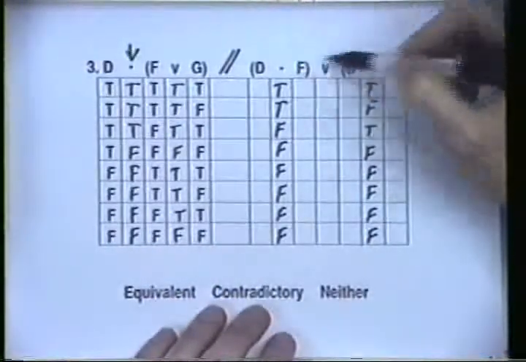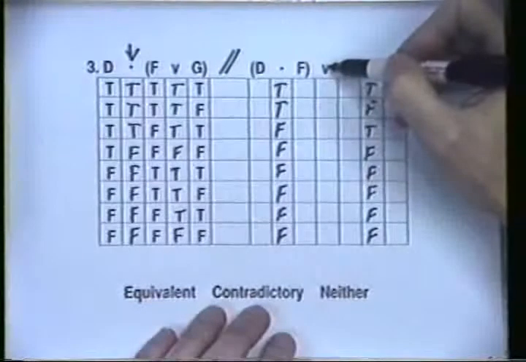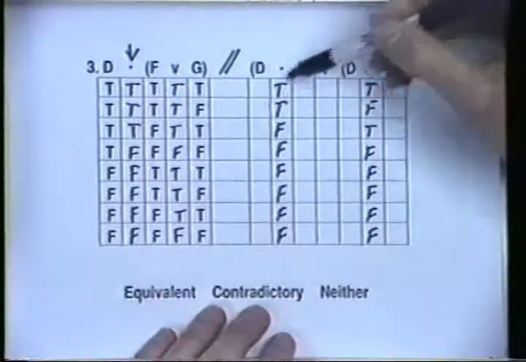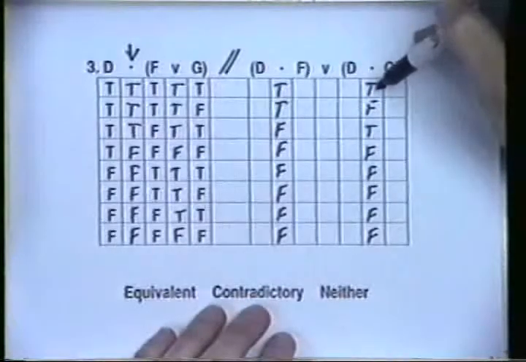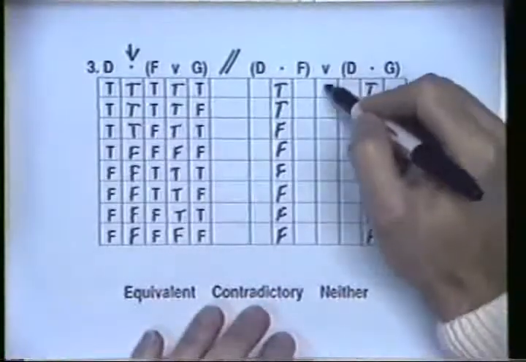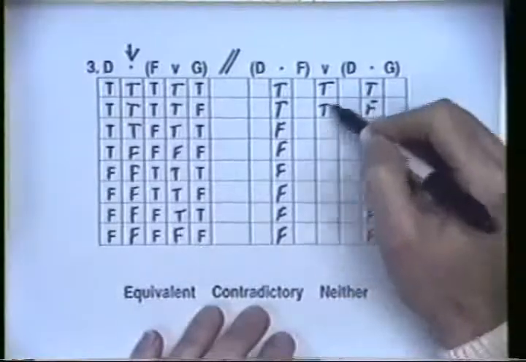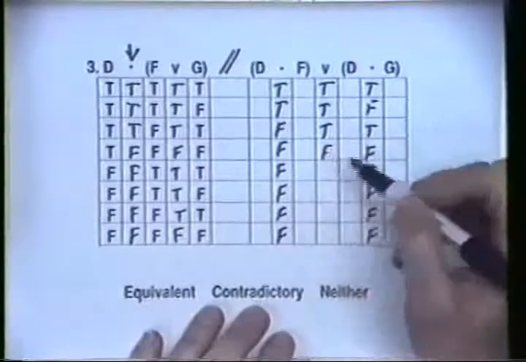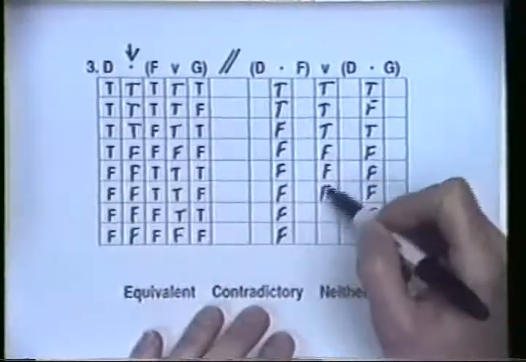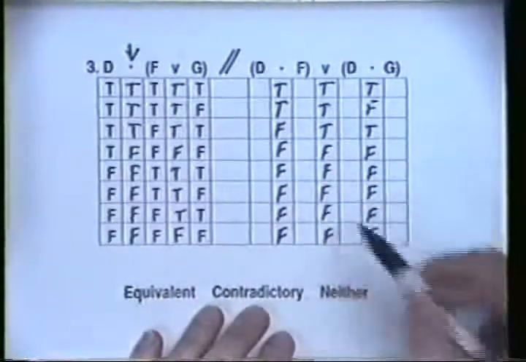Now the main connective of the right-hand sentence is the wedge, and we will then need to bring together, under the disjunction notion, these two columns. So true or true is true, true or false is true, false or true is true, but this is false, this is false, this is false, this is false, and that is false.